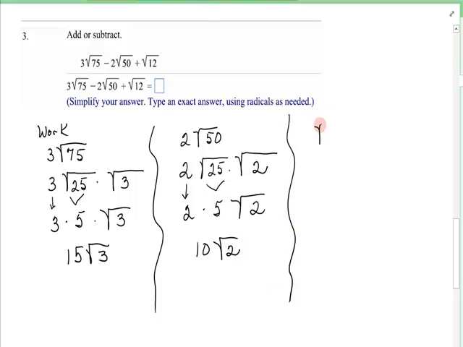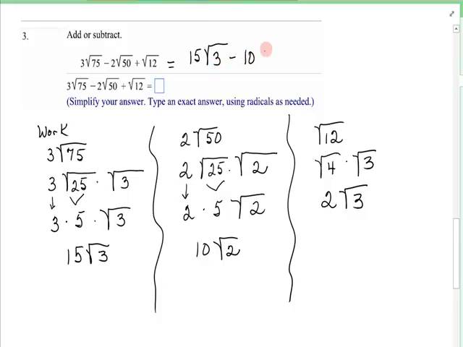Last one, square root of 12. Let's see, it's even. I will try 4, and I know 4 goes in there. So it's the square root of 4 times the square root of 3, which is 2 times the square root of 3. All right, I have simplified each one of those radicals. So I have 15 times the square root of 3 minus 10 times the square root of 2 plus 2 times the square root of 3.